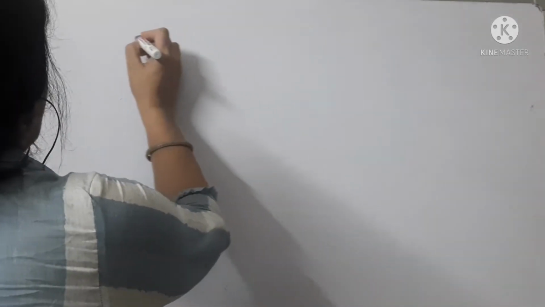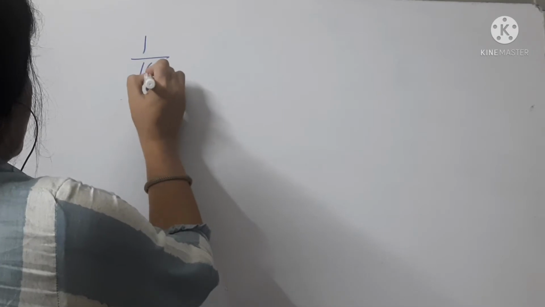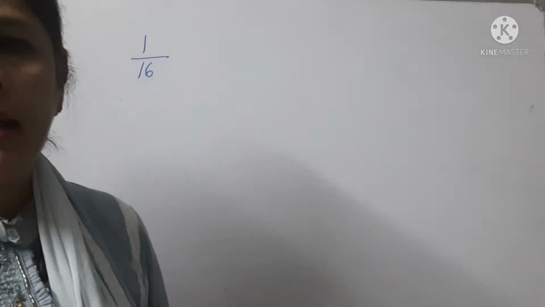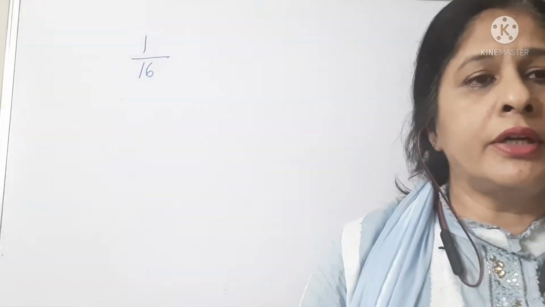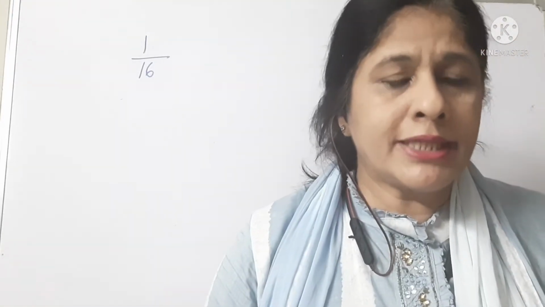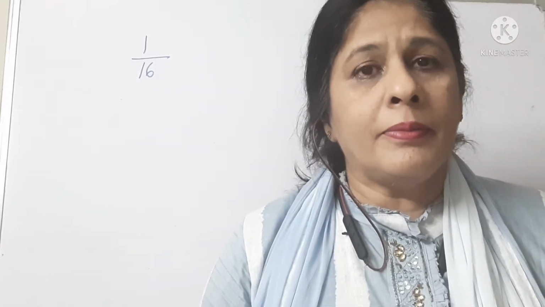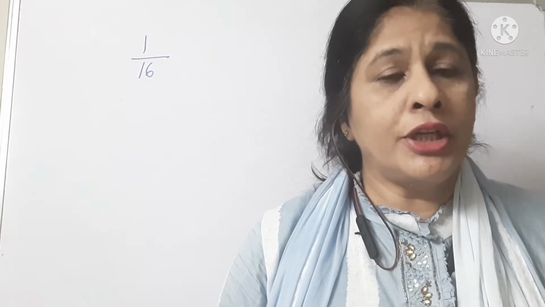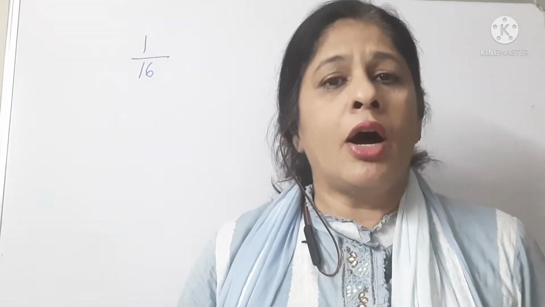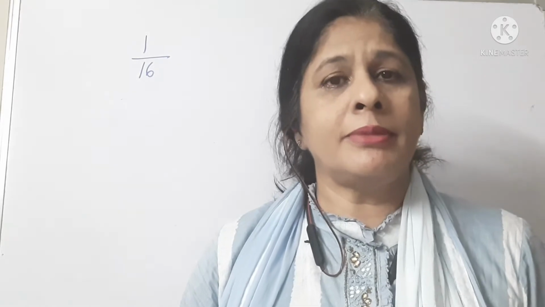There is a given rational number, that is 1 upon 16. And we all know a rational number can be converted into a decimal number by performing division. But today I am going to tell you how, without performing actual division, we can find whether the given rational number is a terminating decimal expansion or a non-terminating decimal expansion.